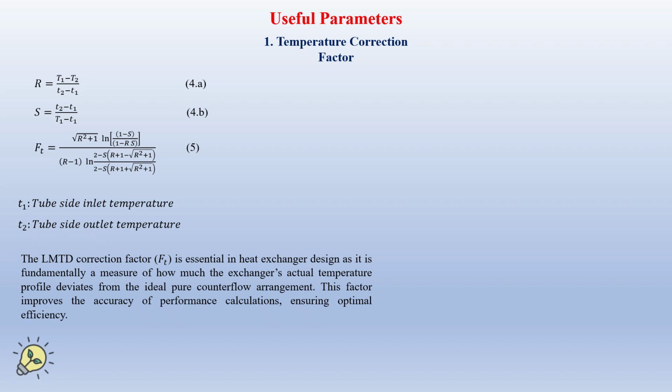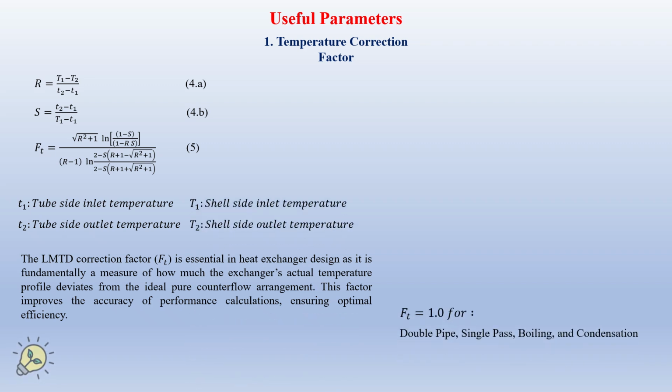We have the small letter t and capital letter T, which represent the temperature in the tube and in the shell side, respectively, and the value of the Ft correction factor is equal to 1 for many cases: the double pipe, the single pass heat exchanger for the shell and tube, and when we have a boiling or condensation process, since usually these phenomena occur at constant temperature, especially for pure fluids.